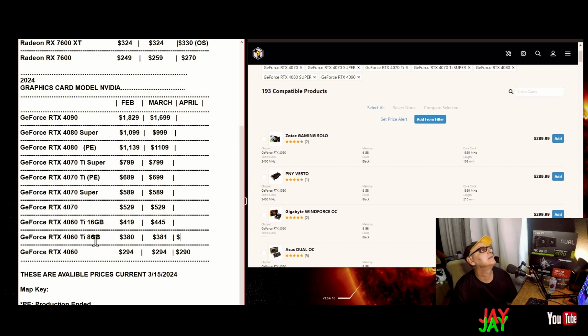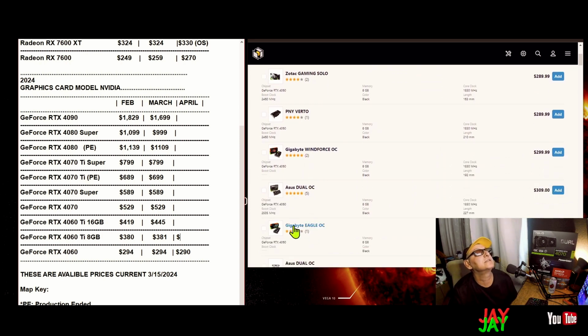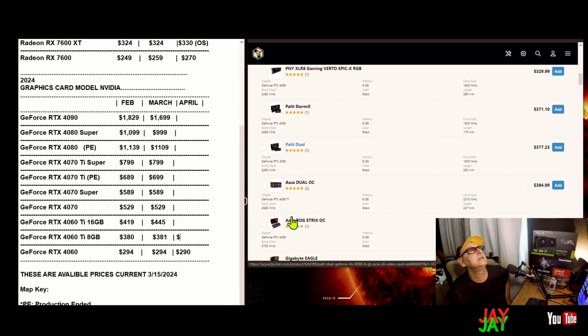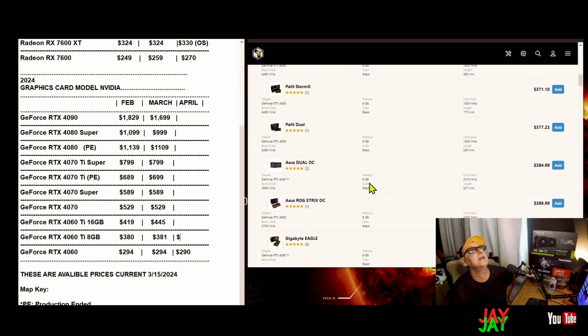The 4060 Ti 8 gigabyte is $385. It looks like it went from 380 to 381 from February to March, then went up $4 more to 385.